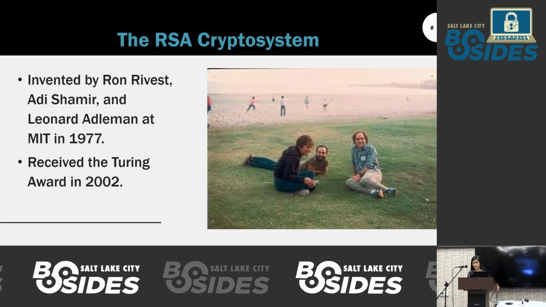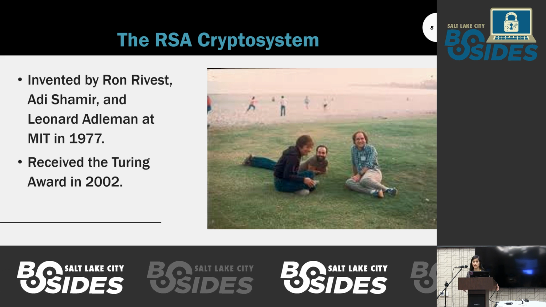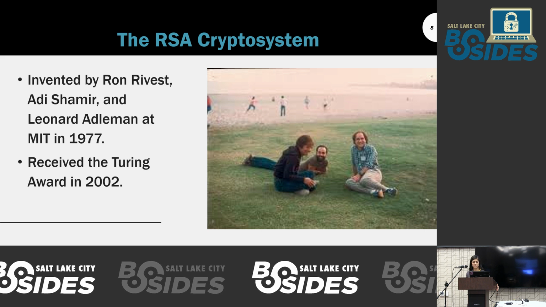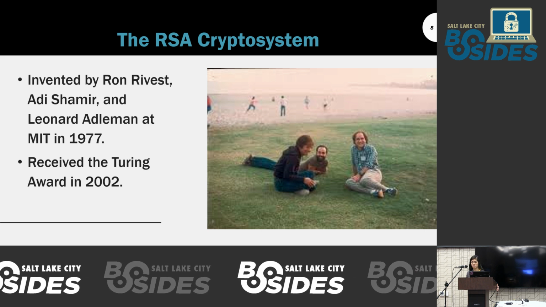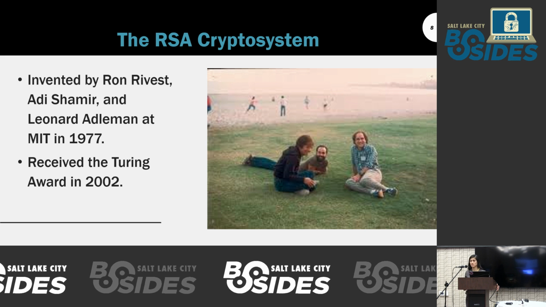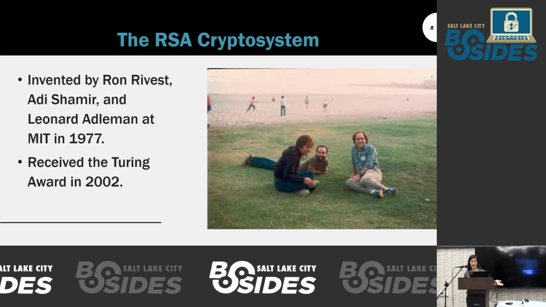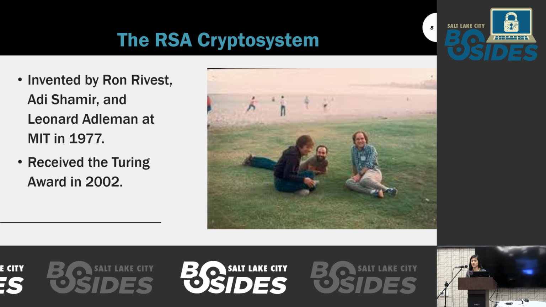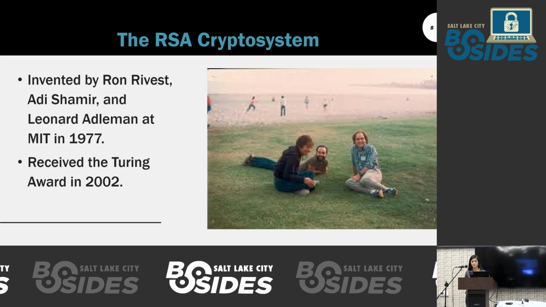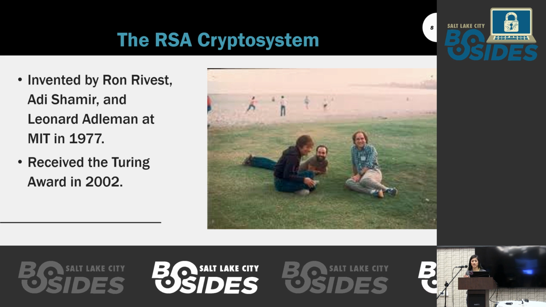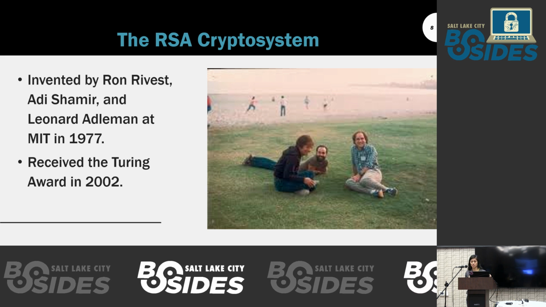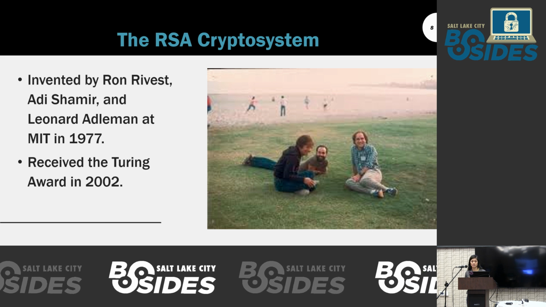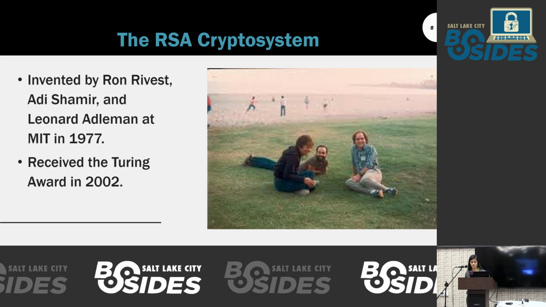A brief introduction to the RSA cryptosystem. The acronym RSA comes from the last names of its 3 inventors who were studying at MIT and doing research. Actually, there was a guy named Clifford Cocks. He worked for a British intelligence agency, and he came up with the same idea in 1973, but no one knew about it because it was kept secret until, I want to say, 10 or 15 years later.